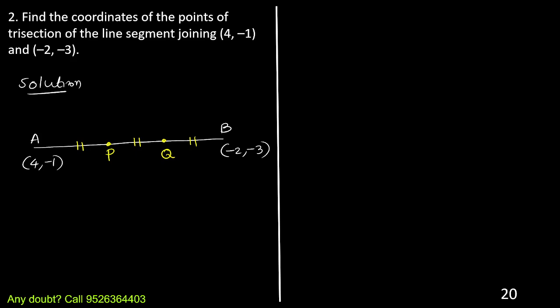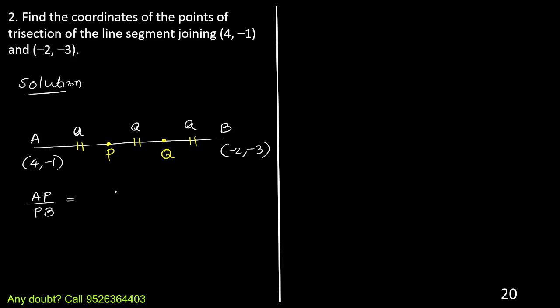Look here. AP is to PB. What is the value? Look at this picture, you can understand that. If you have any confusion, let me use some letter. Let AP be some letter, say a. AP equal to a, then PQ equal to a, QB is also equal to a, right? So tell me what is AP is to PB.